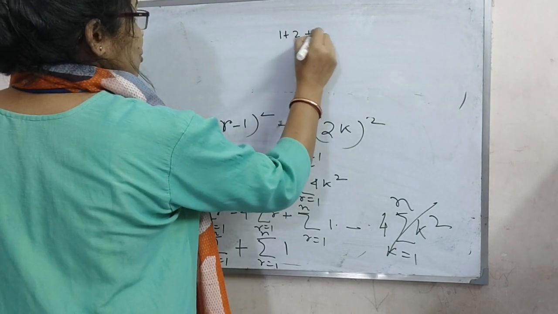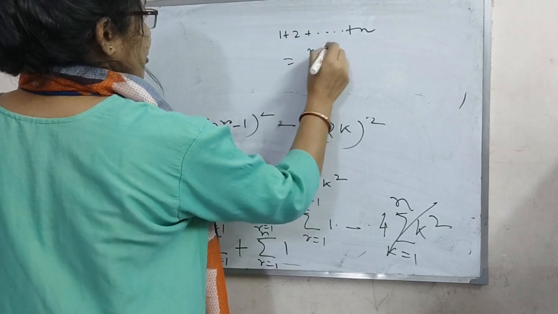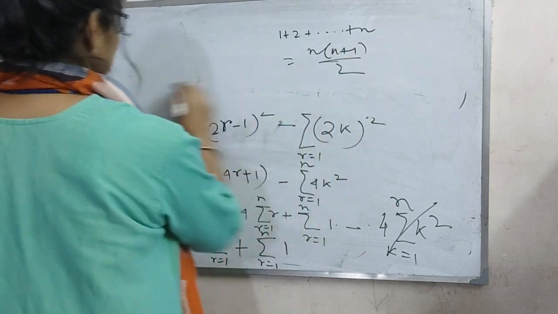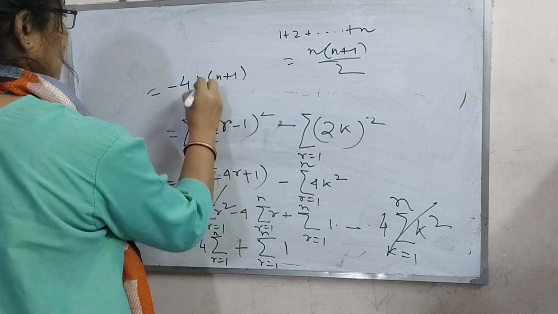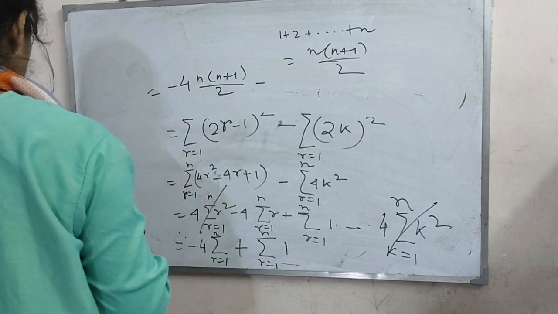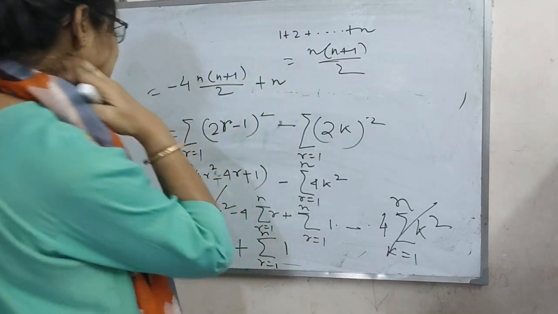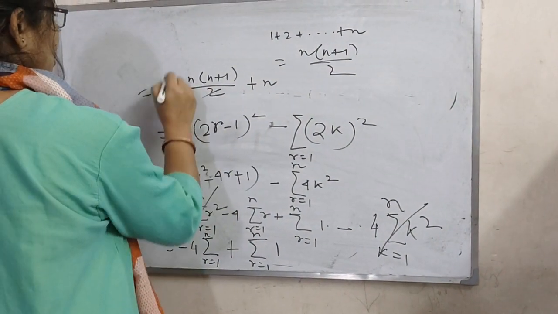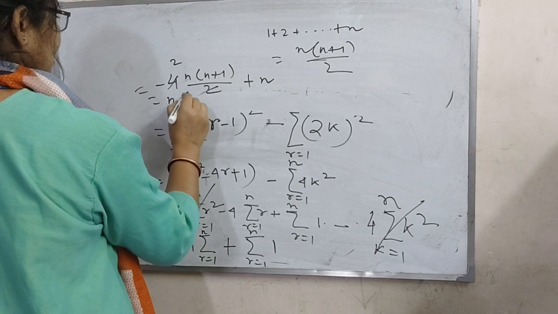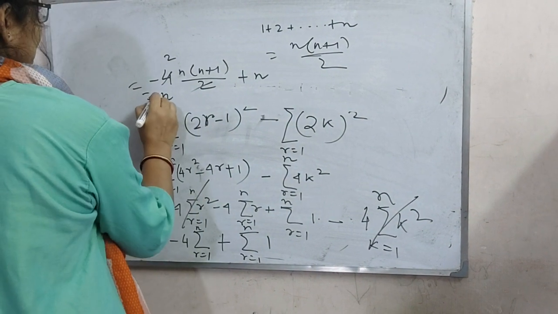We know 1 plus 2 plus dash plus n equals n into n plus 1 by 2. So this equals minus 4 into n into n plus 1 by 2, plus 1 plus 1 plus 1 up to n, which is n. 2 cancels out, n is taken common, plus n.